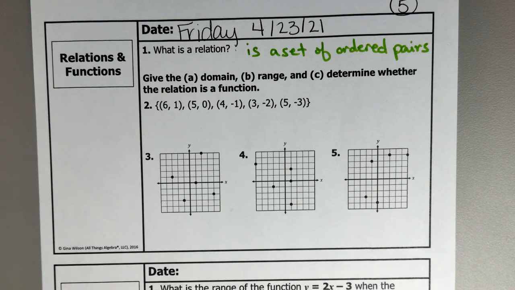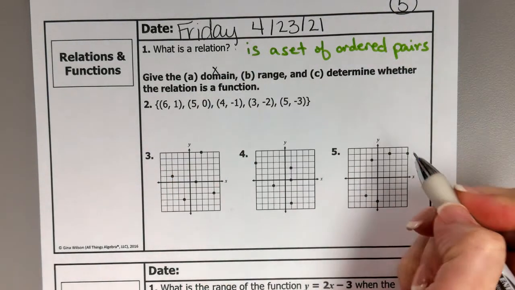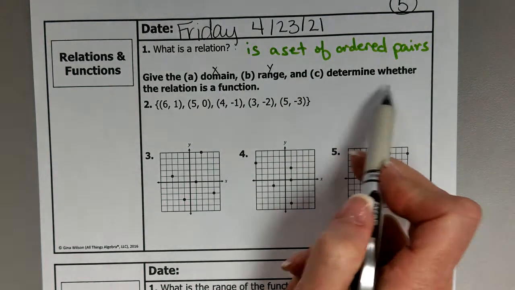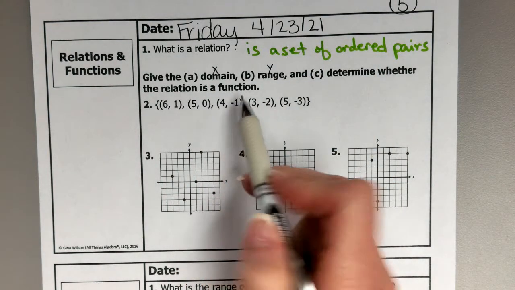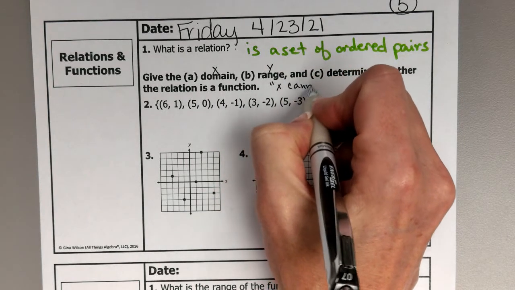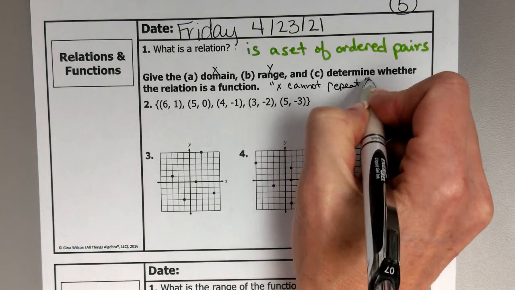All right, now the next set, it says, give A the domain, B the range, and C determine whether the relation is a function. So when we covered this, we talked about domain is your X values, range is your Y values, and then to determine whether the relation is a function, we said that X cannot repeat.